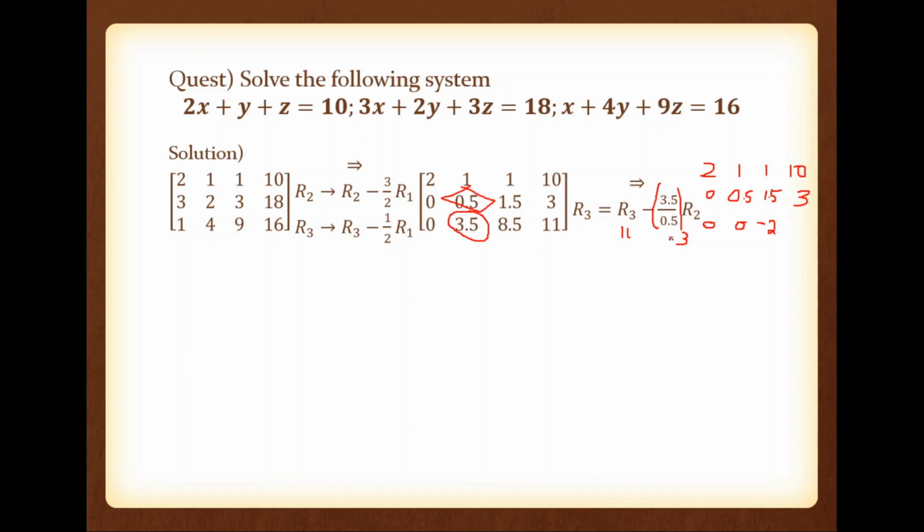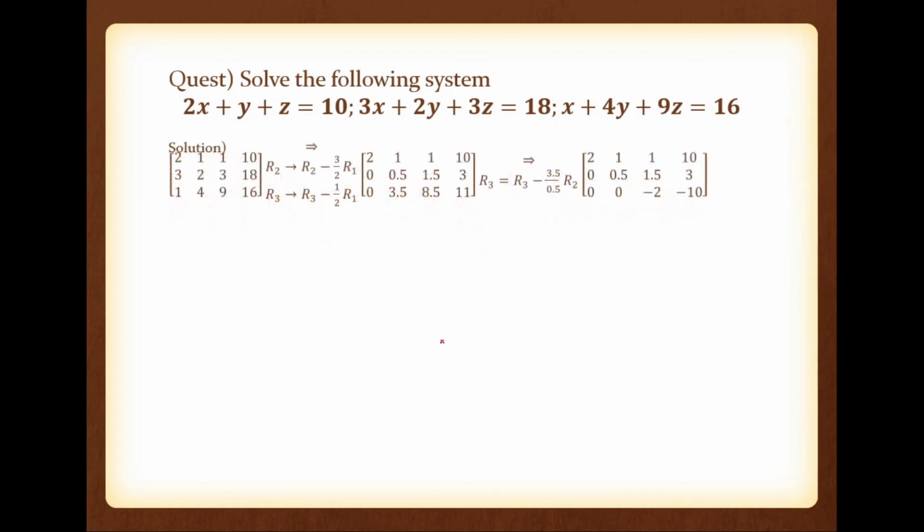What is the value? 3.5 into 6, that is 21. So 11 minus 21, that is minus 10. So this is the modified augmented matrix after the second elimination.